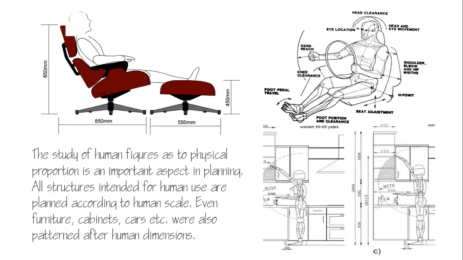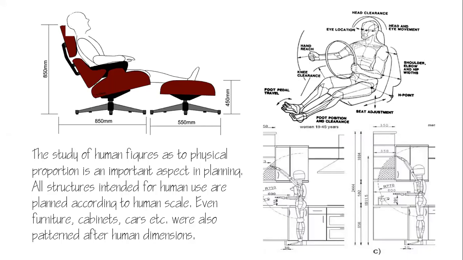The study of human figures and physical proportion is an important aspect in planning. All structures intended for human use are planned according to human scale. Even furniture, cabinets, cars, etc. were also patterned after human dimensions. This is what I discussed earlier.